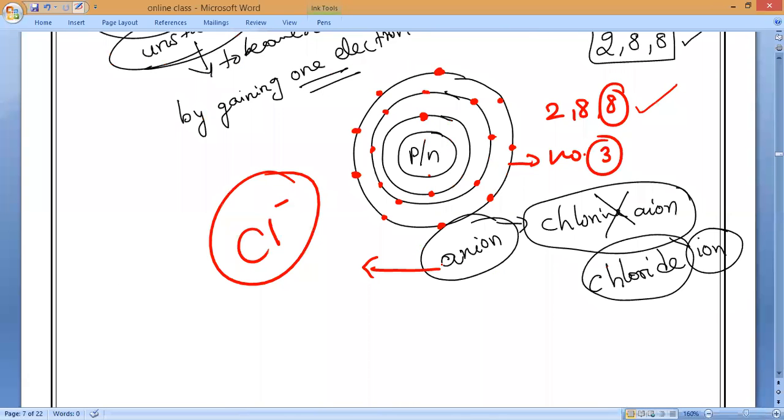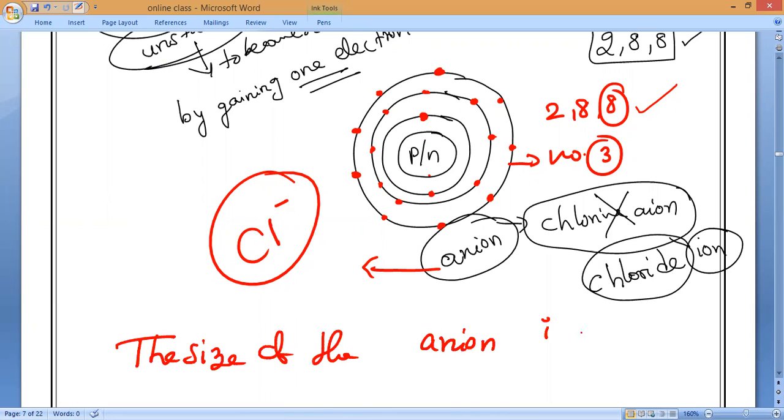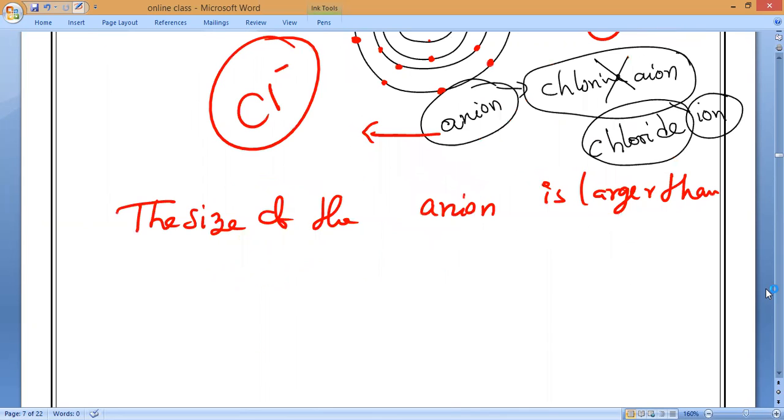That is why, who is bigger? Is the anion bigger or is the atom bigger? Anion is bigger. Write it down: the size of the anion is larger than its neutral atom.